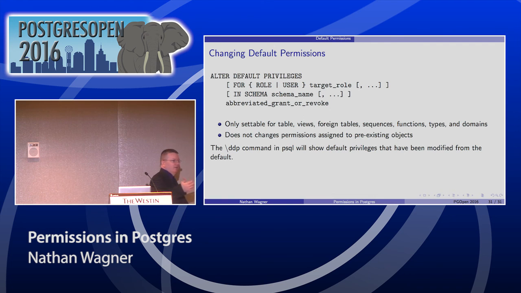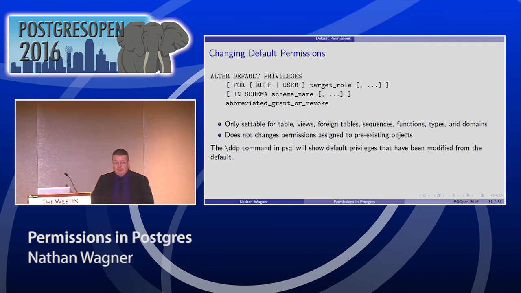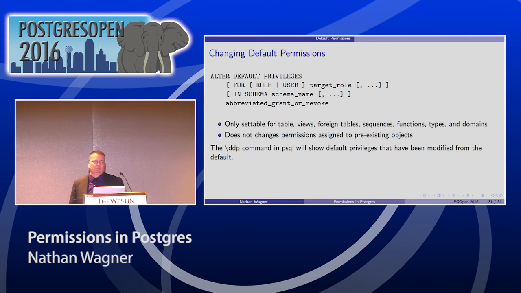That way if you later create a new table, read-only will get the select without having to re-up the commands. You have to do alter default privileges for the creating role, and then you do the in schema grant select to read-only. Yeah, read-only is the grant target.